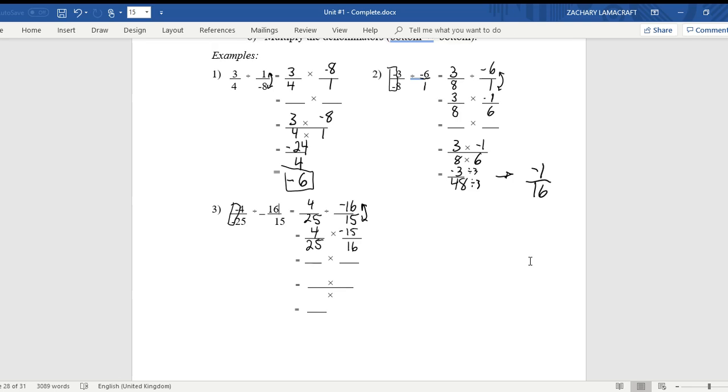All right, so if we then do 4 times negative, sorry, that's 4 times negative 15 and 25 times 16, we would get negative 60 over 400.